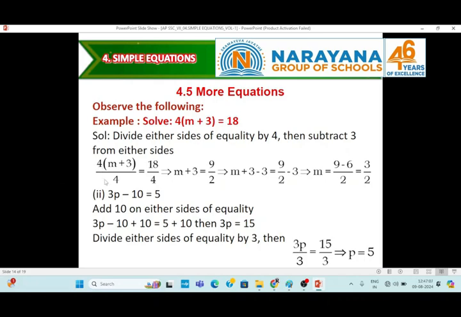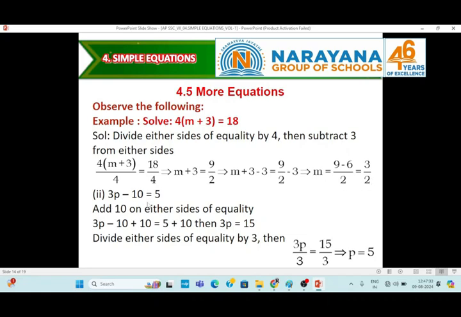So when you divide, 4 getting cancelled. So m plus 3 is equal to 18 by 4, cancelling with 2 table, 9 by 2. So as 3 is added here, subtract 3 from either side. So plus 3 minus 3 getting cancelled. So m is equal to, by the LCM method, as it is a whole number, multiply with 2. So 2 3s are 6. 9 minus 6, 3. 3 by 2. Value of m is 3 by 2.